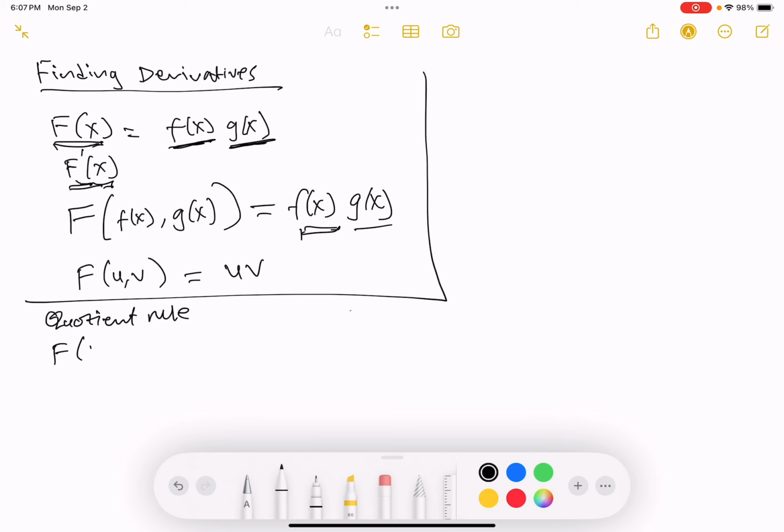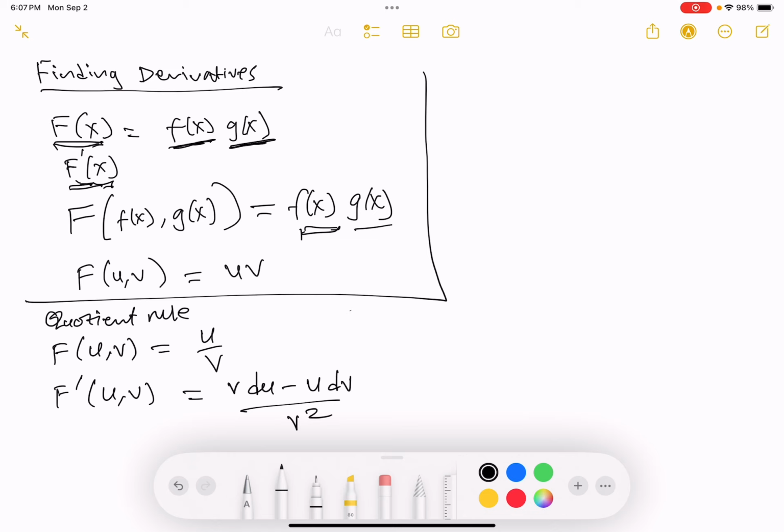Suppose f of uv is equal to u over v. How would you get the derivative of that? So in that particular case, f prime of uv, I'll have it the other way around, it doesn't really matter, I'll have v du minus u dv over v squared.